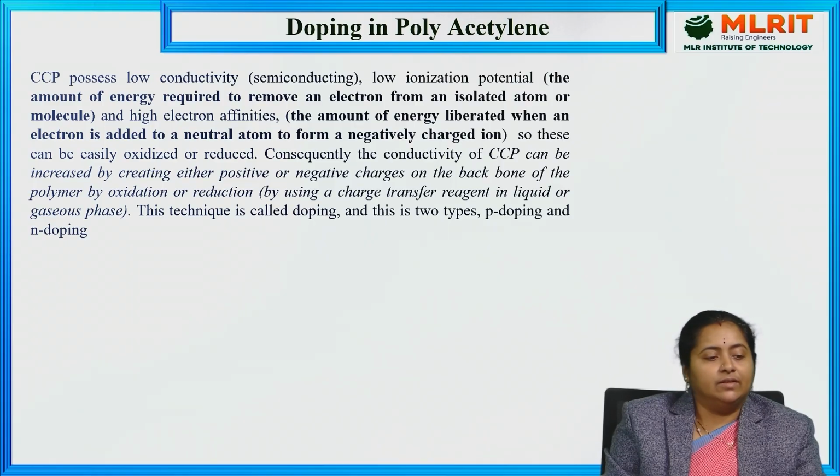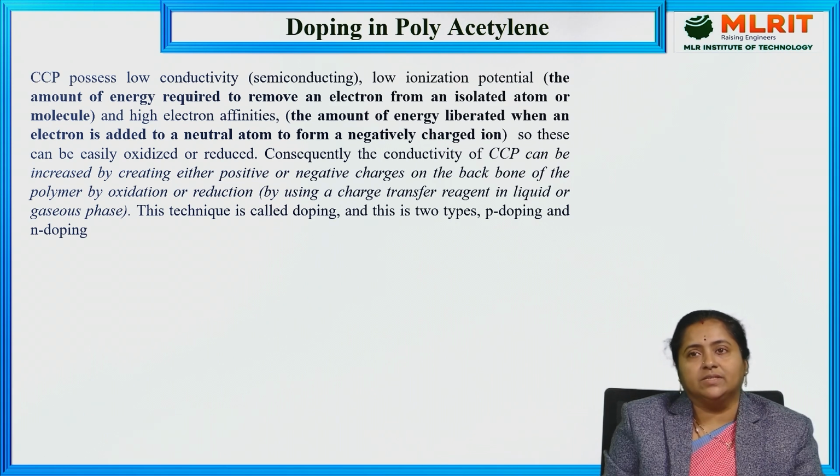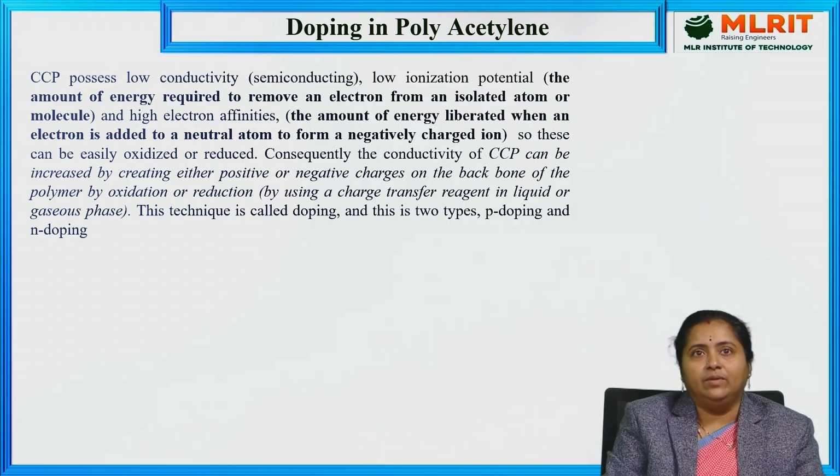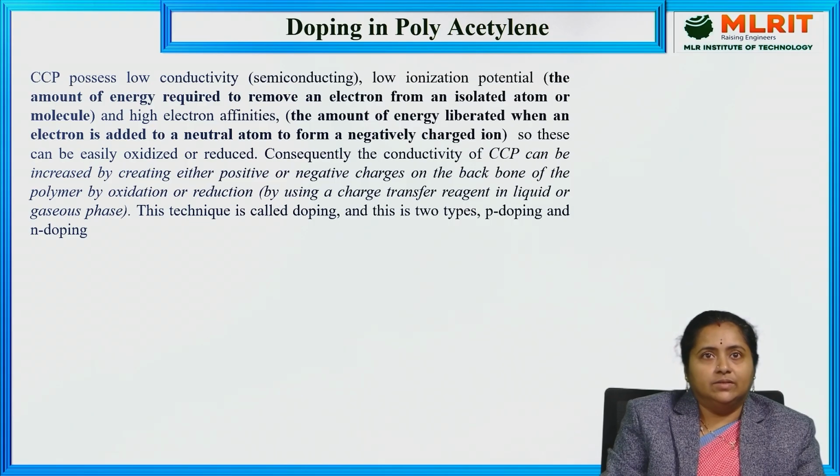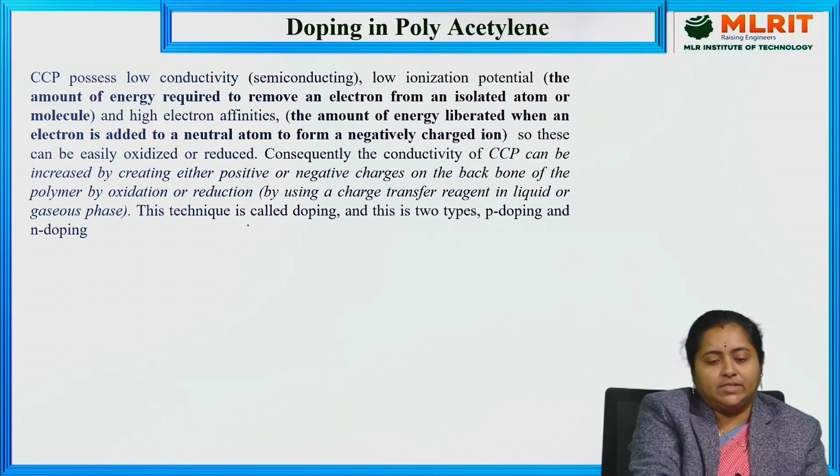They are subjected to the doping process for enhancing conduction. This can be done by oxidation or reduction. Consequently, the conductivity of CCPs can be increased by creating either positive or negative charge on the polymer backbone, by subjecting them to oxidation or reduction. This technique is what we call doping.